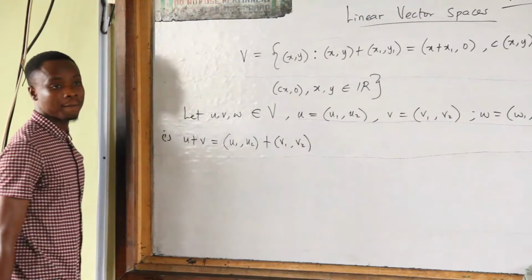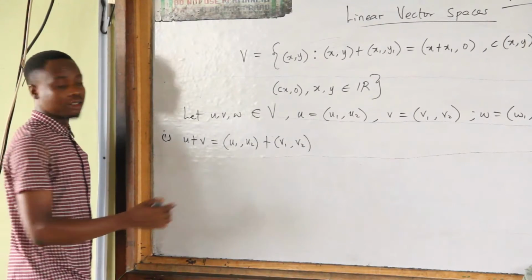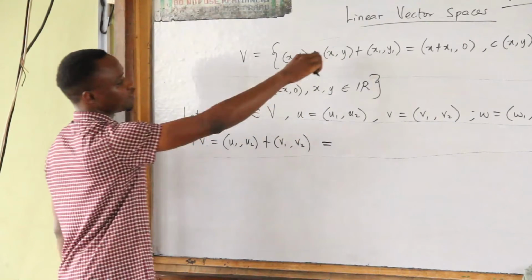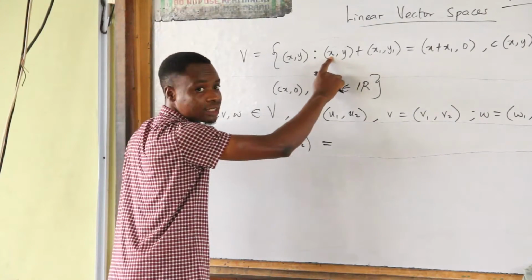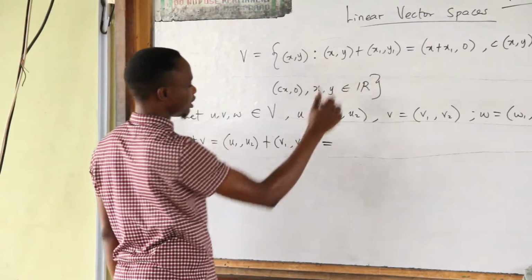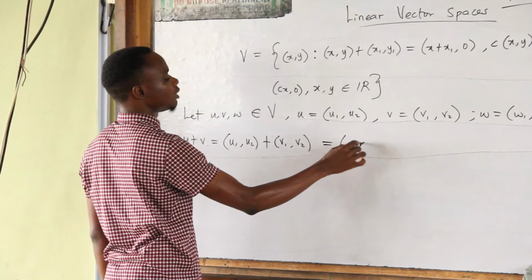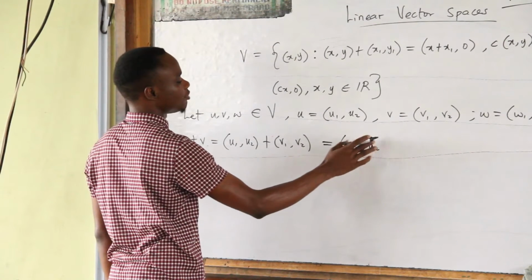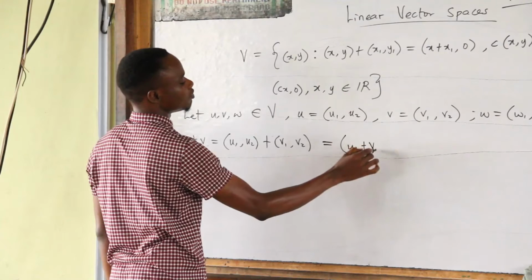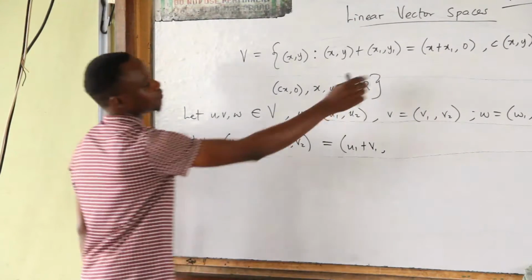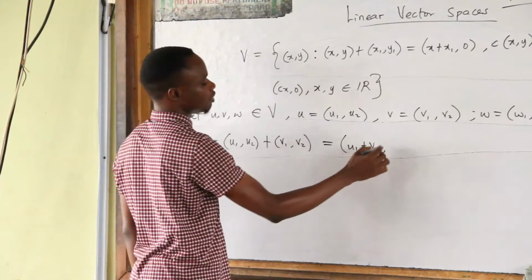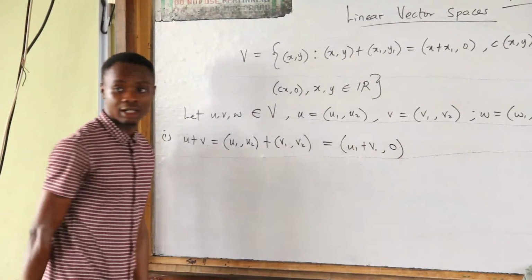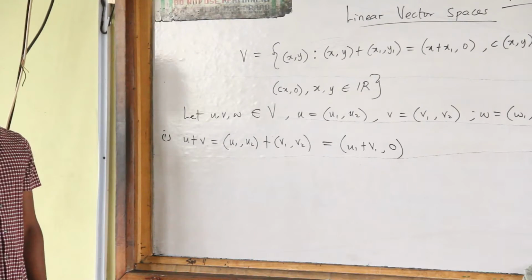Based on this rule, when I want to add, I take the first component, x plus x1. So this will be U1 plus V1, and the next component is 0. It does not depend on this one. It doesn't matter what you have here; this one is going to be 0.